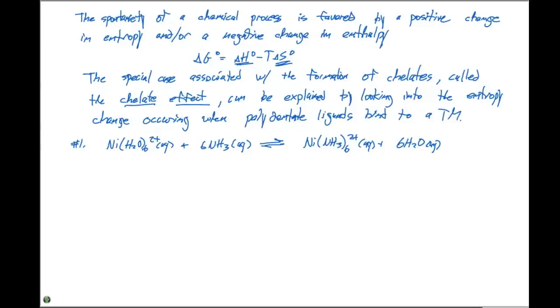If we look at the formation constant for this reaction, or the Kf, it is 1.2 times 10 to the 9th. We have a very, very large formation constant. Delta G is going to be equal to minus RT ln K. Since K is large and positive, delta G is going to be large and negative. This is going to be a spontaneous process under standard conditions.